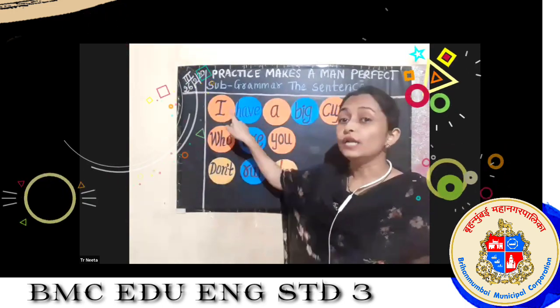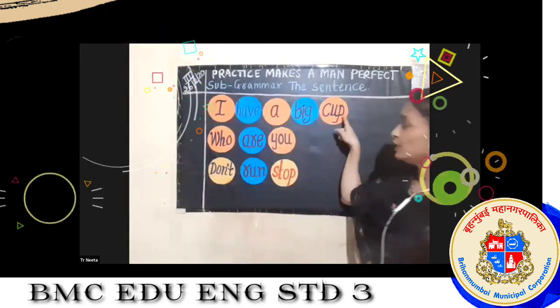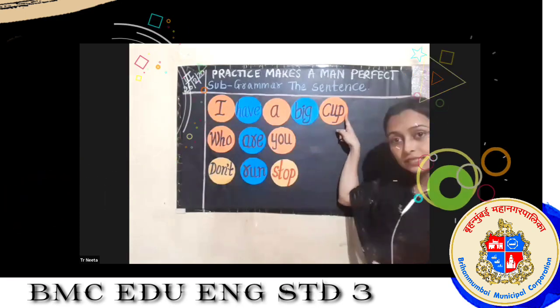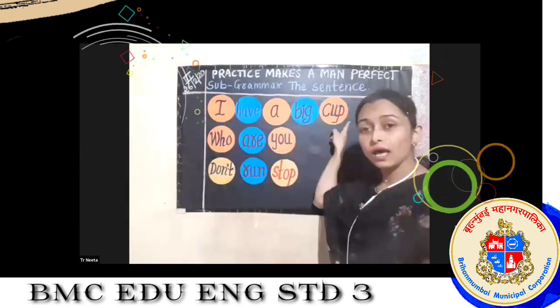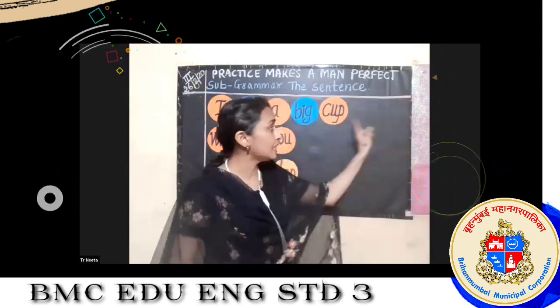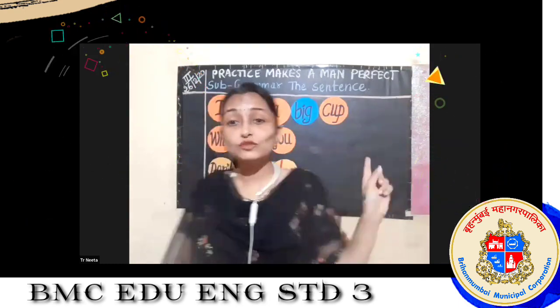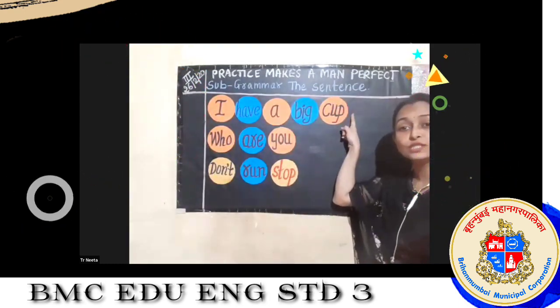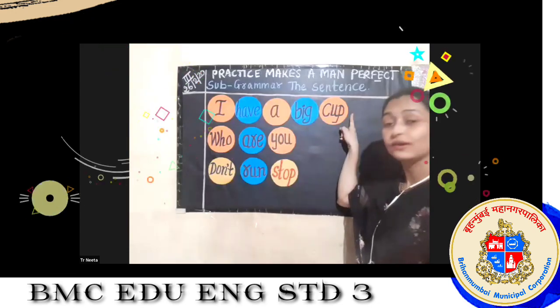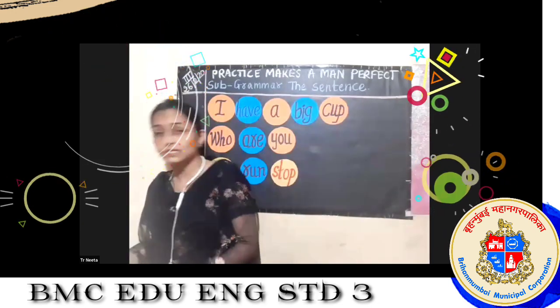Right? Now, after this, when you complete a sentence, I have a big cup. When you complete the sentence, you will have to put a full stop, which is very necessary. This is the first rule of a sentence.